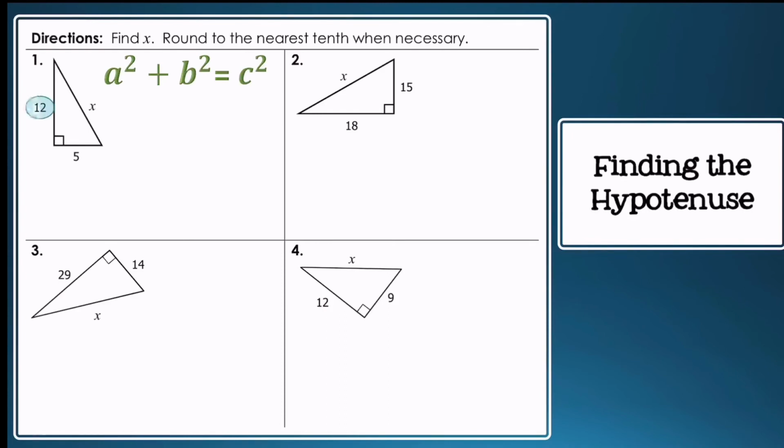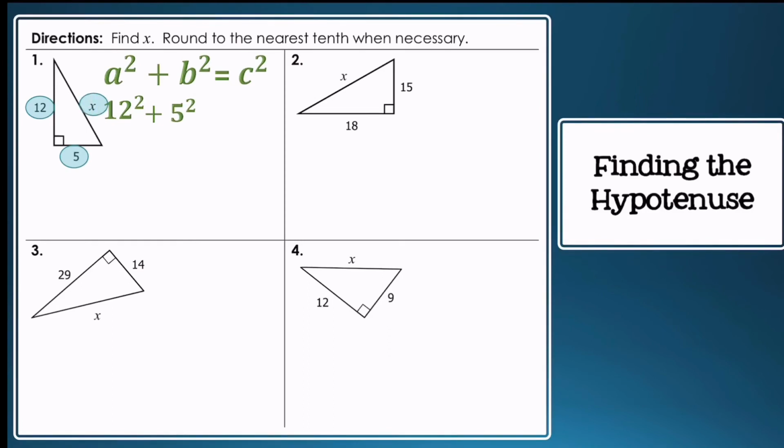Then I'm going to look at this side. It does not matter which one's A and which one's B. So A is 12, right? So I'm going to replace A with 12 and put a square. You must write the square. Then I'm going to take my other leg and replace B. There's an x there.